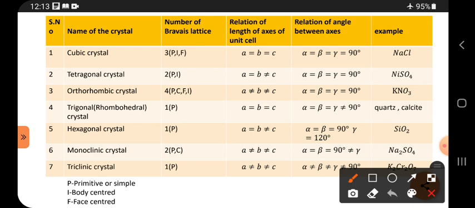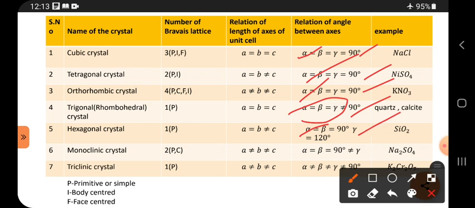Next, the angles. See, all the angles are the same, 90, 90, 90. Then two angles are the same and 90, but gamma is 120. Two angles are 90, but the third angle is not 90. So all angles are different and not 90.